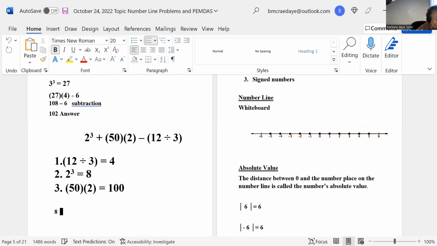So you have 8 plus 100 minus 4, because that's what 12 divided by 3 is. I just want to make that bigger so you can see it. And you tell me what you get when you add 8 and 100. 108.